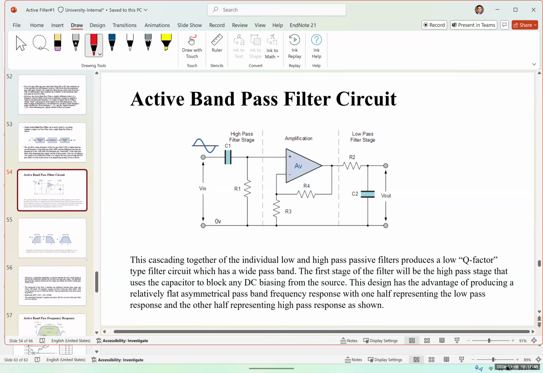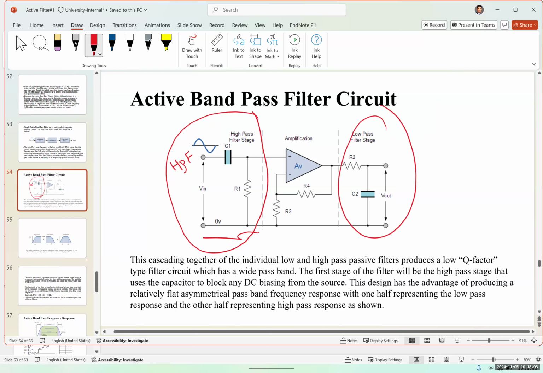So this is a schematic of an active bandpass filter. On the left, we see the passive high pass filter, HPF. And on the right, you can see the low pass filter. And in the middle, you see the active element, which is the amplifier.